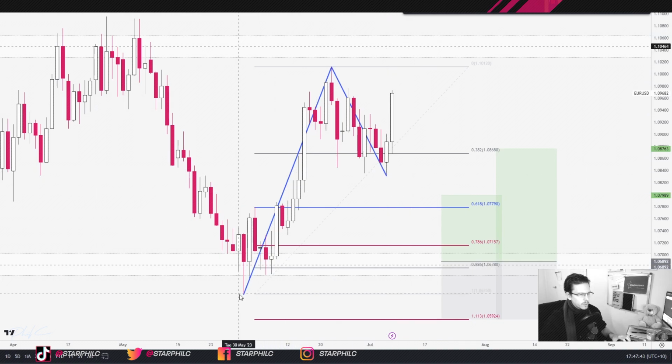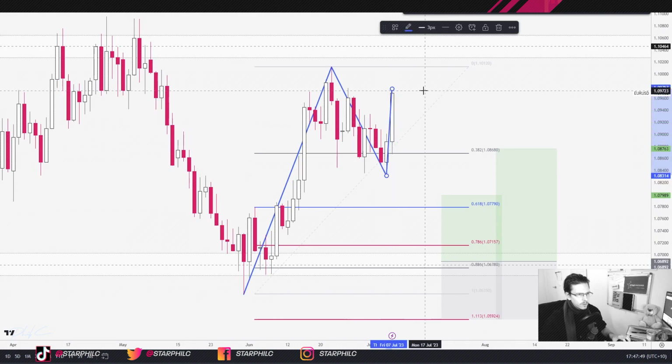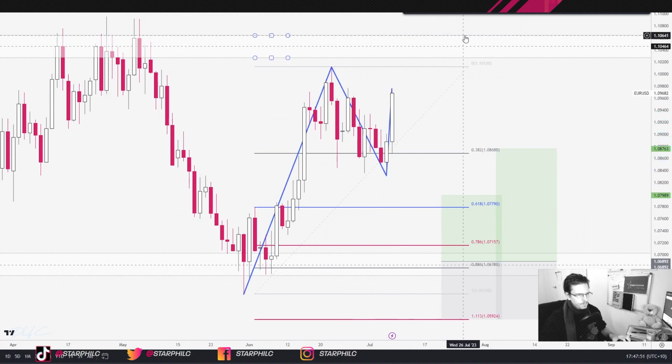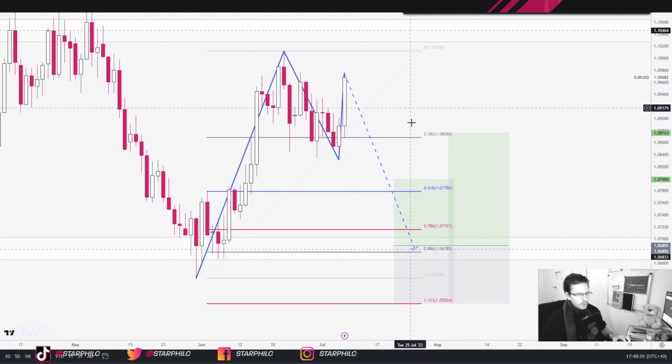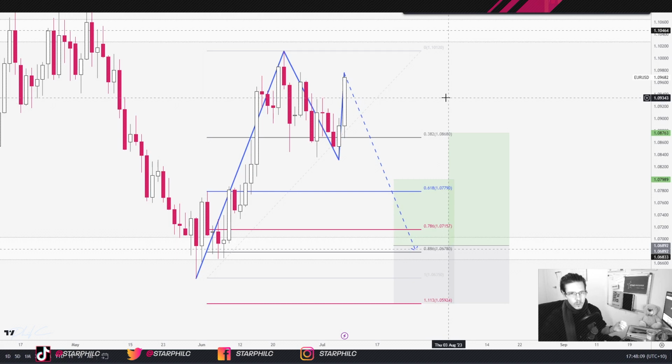Okay, from a Fibonacci from swing low to swing high, this right here is our lowest low. So right now we have to watch this candle right here. And then from this C point, so here is our B point, this is our C point. Now, if price action can move all the way down into 886, so yeah, I mean, you could say that I have a genuine bearish bias on the euro dollar.